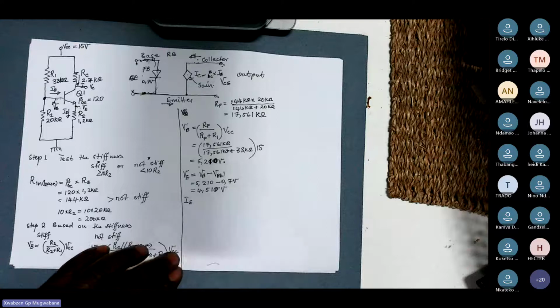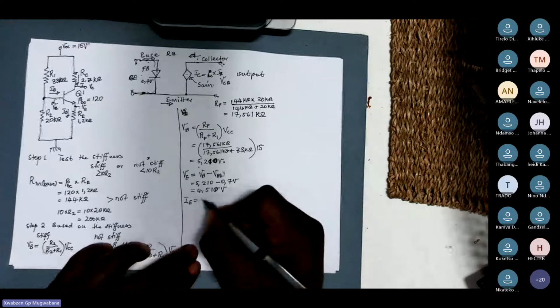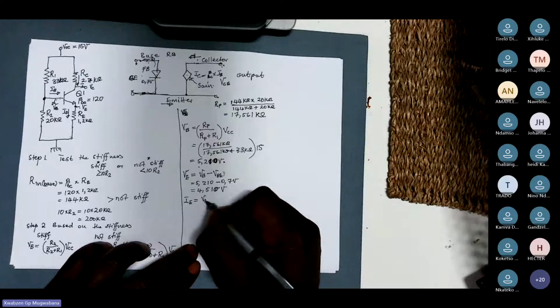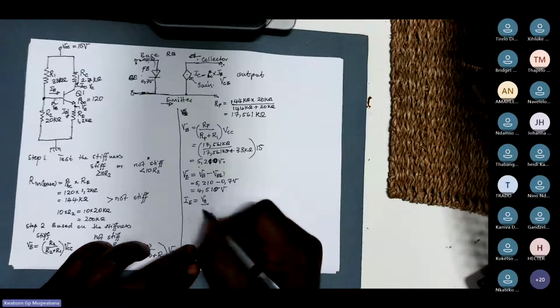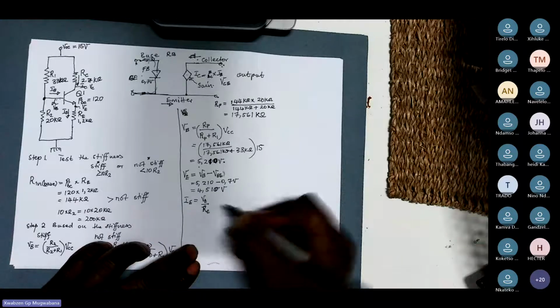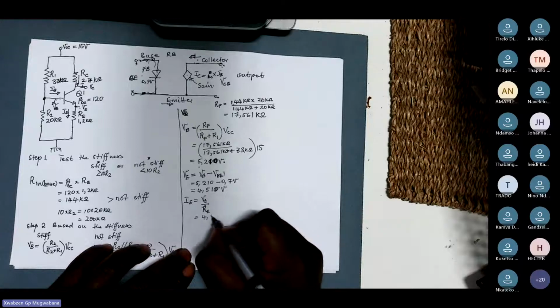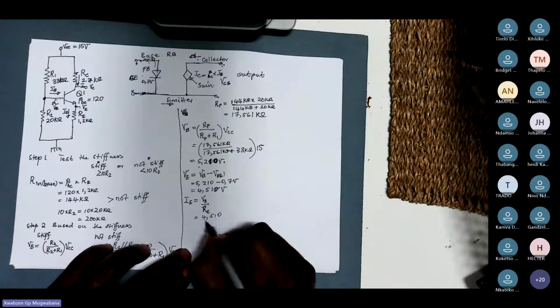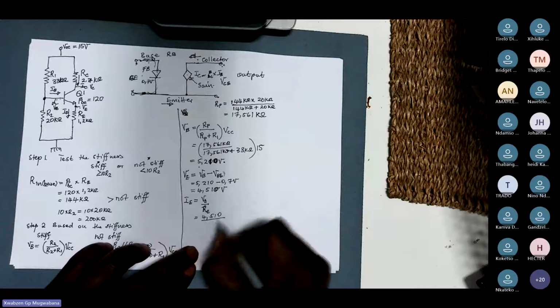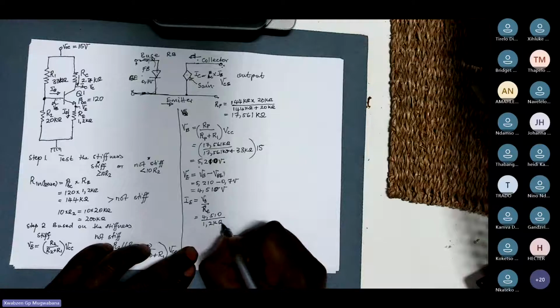This IE will be given by VE divided by my RE, where my VE is 4.510, divided by my RE, which is 1.2 kilo ohms, which gives me what?